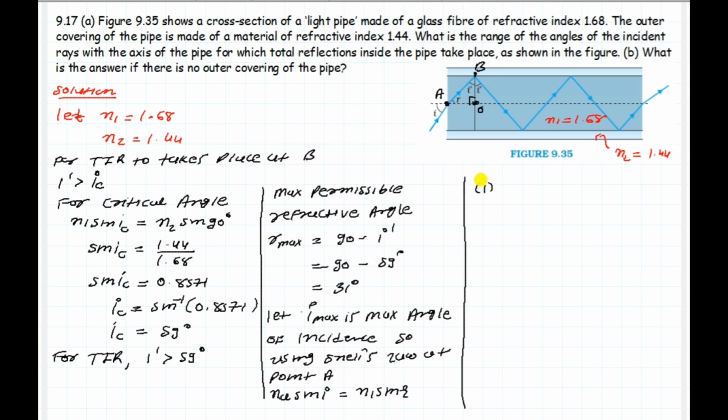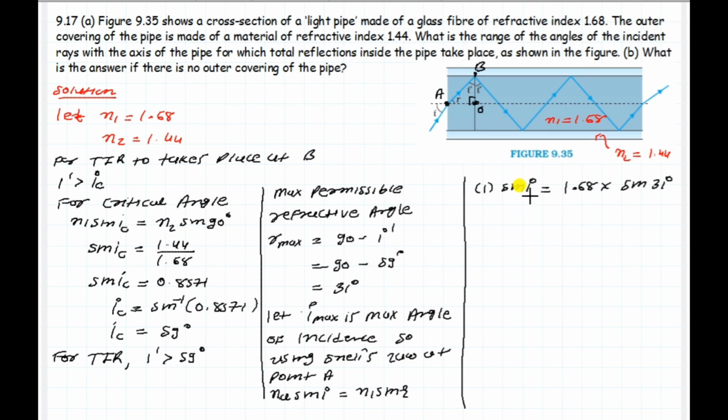Here na, the refractive index of air, is 1, so 1 into sin I is equal to n1, which is 1.68, into sin R, where R is 31 degrees.